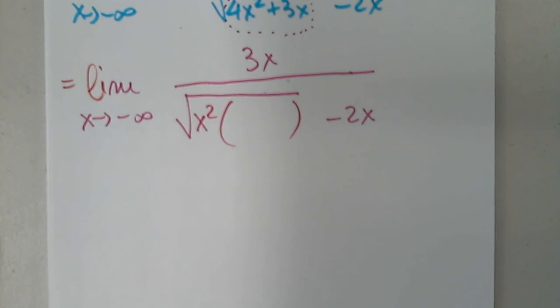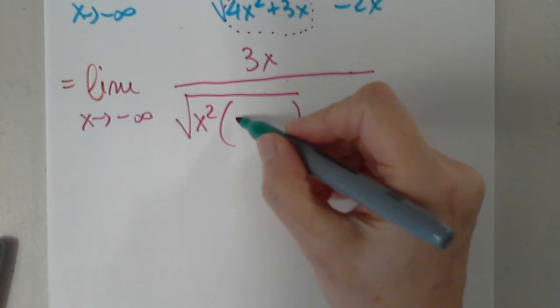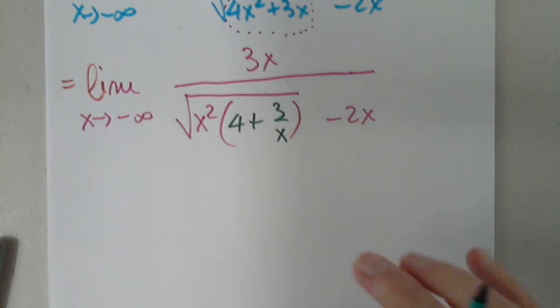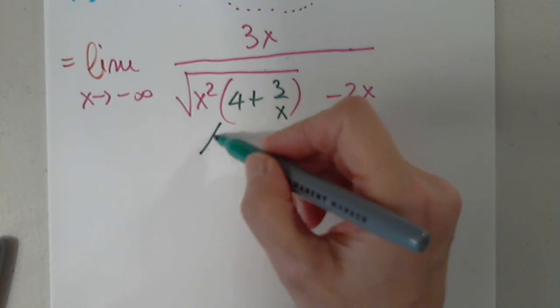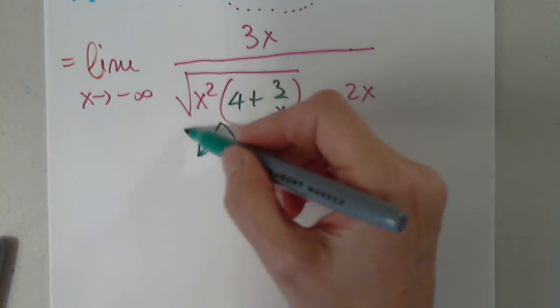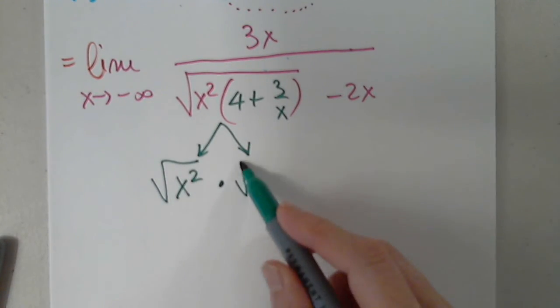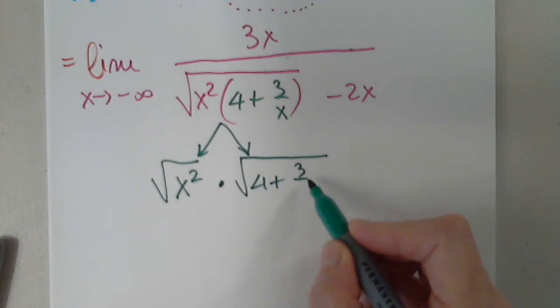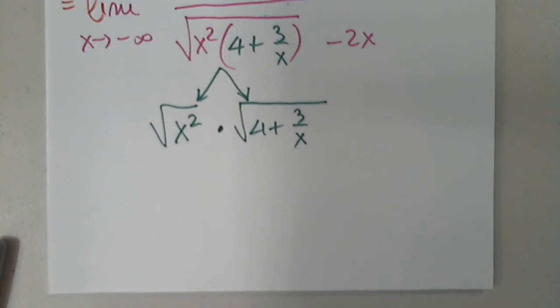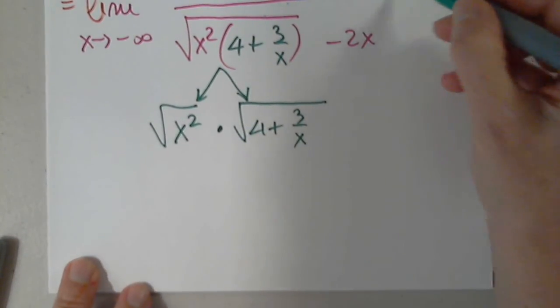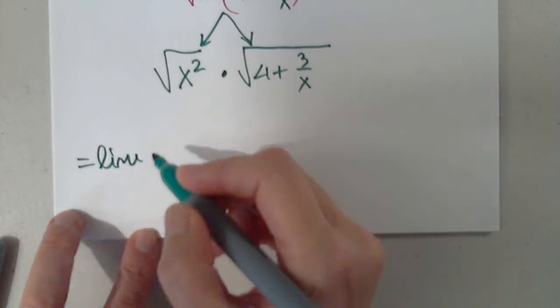Please tell me what we have in parentheses. 4 plus 3 over x. Great job. Now remember, I have to break this piece up into the square root of x squared times the square root of 4 plus 3 over x. Okay, what now? Let me write this. It's a lot of writing with some of these limits.